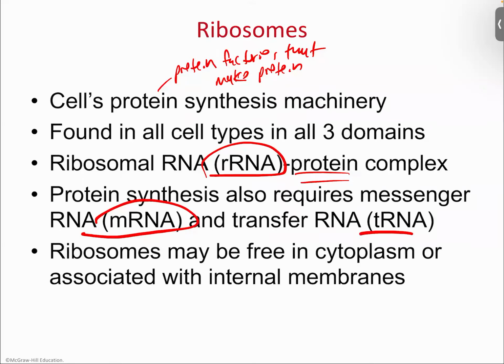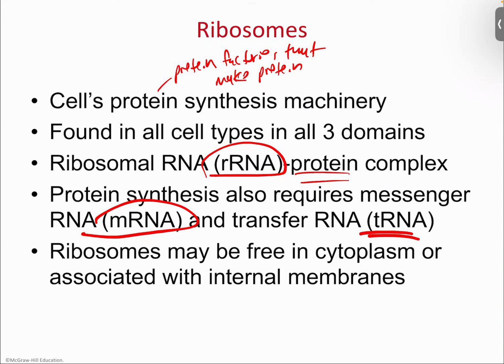And then you have transfer RNA, which kind of is a mechanistic type of RNA that allows you to select the correct amino acid that is encoded on the mRNA. So you see basically 3 different types of RNA involved in the overall protein synthesis process. And that's part of what we talk about, the roles of each one of these in a little detail in that last chapter.